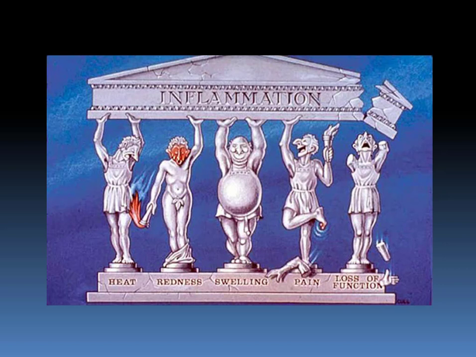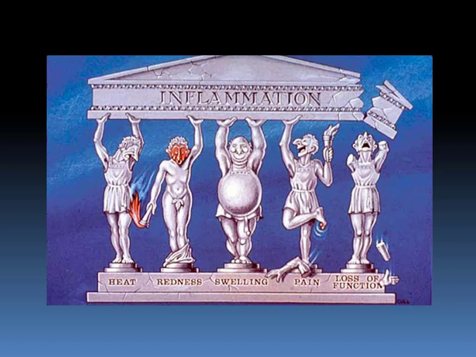In the ancient period, the antique doctors classified 5 typical signs of inflammation. The first sign is rise of temperature, fever, heat. In Latin, it is named calor. Second, redness of the inflammatory focus due to hyperemia. The Latin name is rubor.